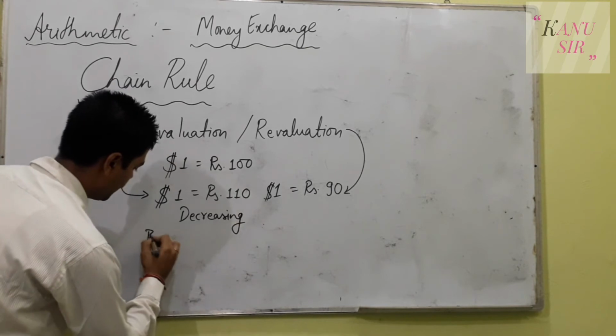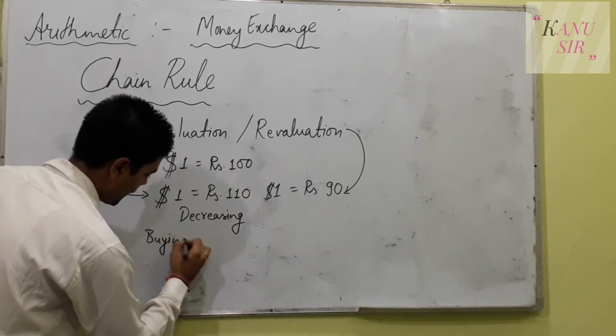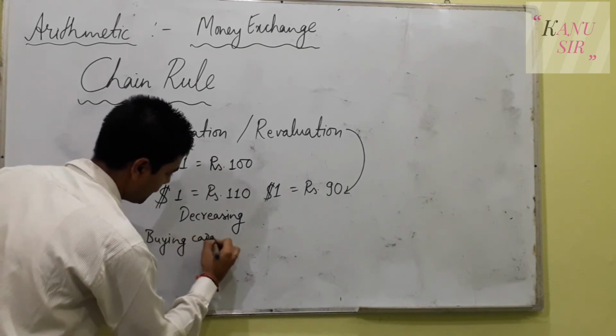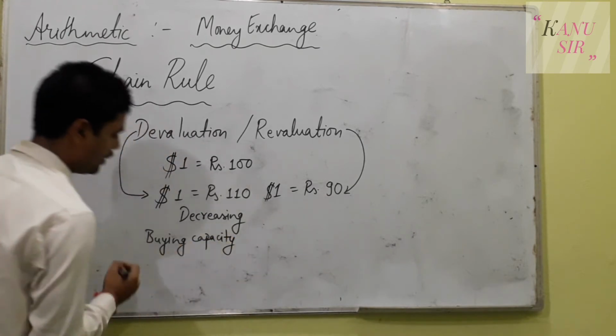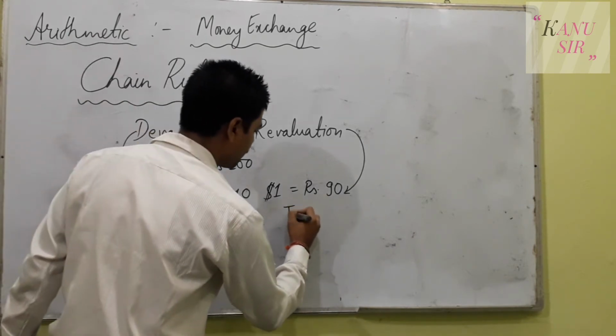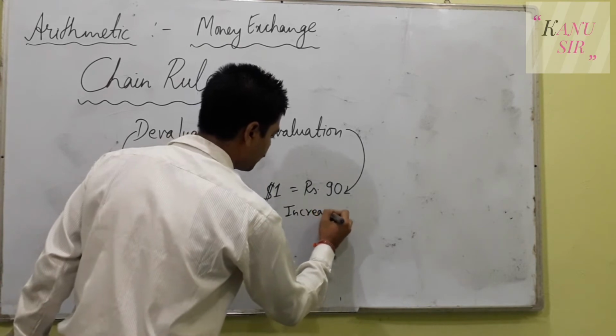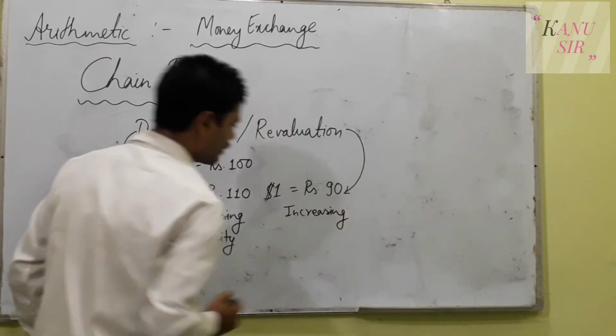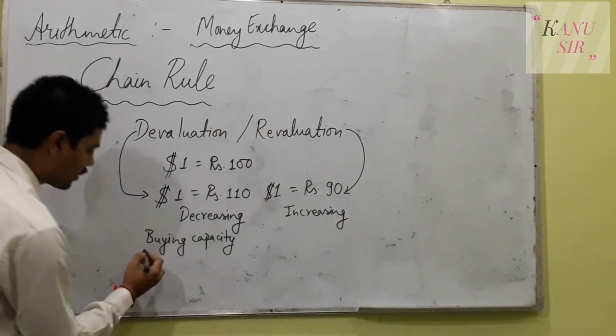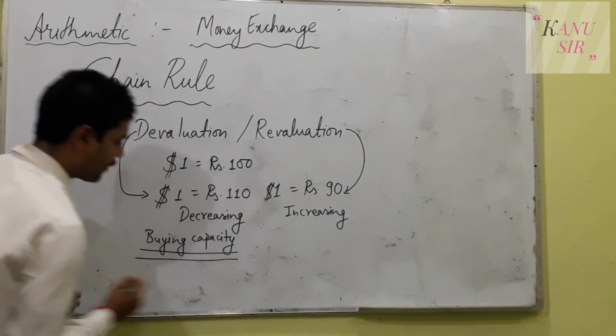Buying capacity is decreasing, whereas buying capacity is increasing. So once again, you may have confusion, what is the meaning of buying capacity?